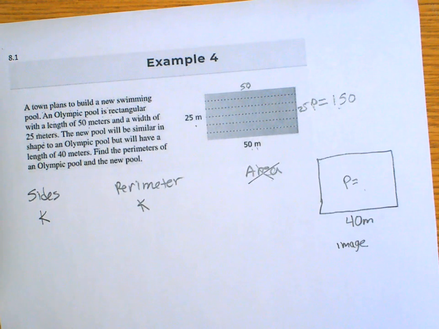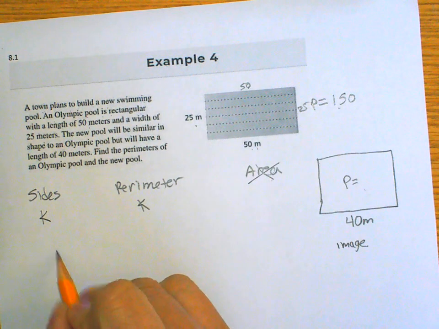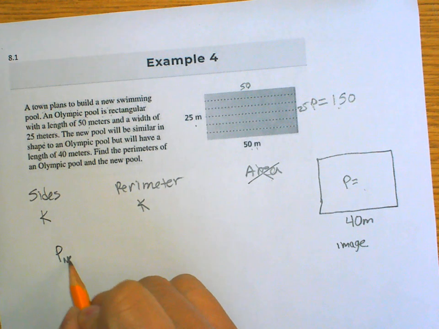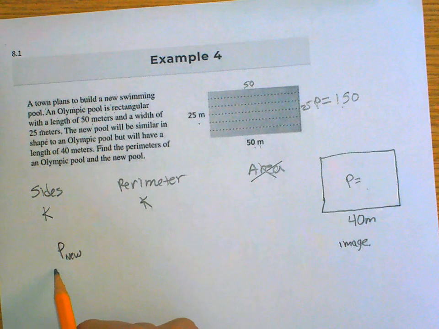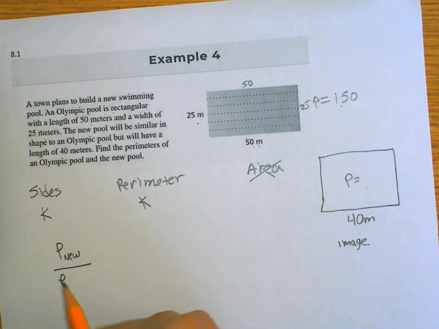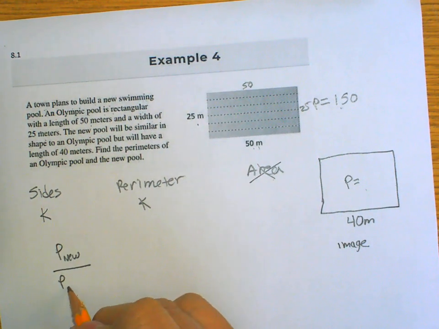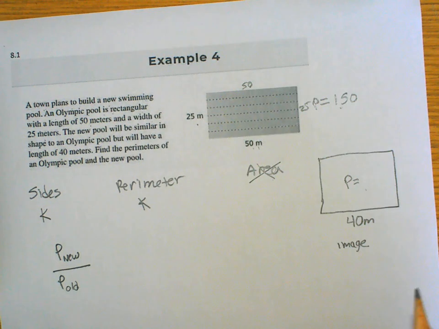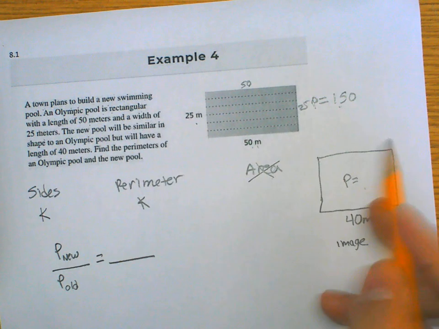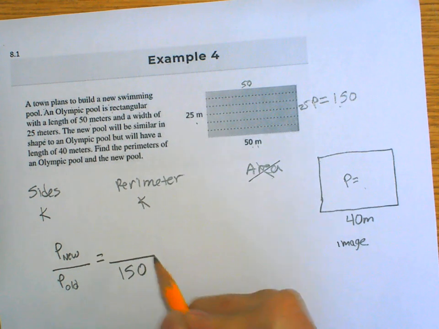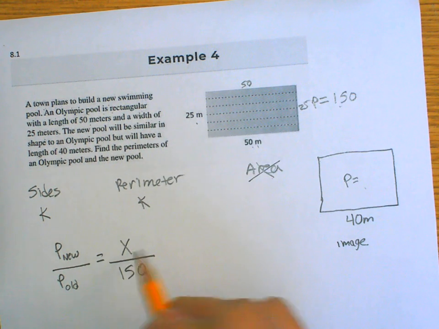So the perimeter of the new pool, I don't know what that is, but I do know that the perimeter of the Olympic pool, the old pool, we already know what that is. That's going to be 150. So we don't know what that perimeter is. I'm going to call that X.